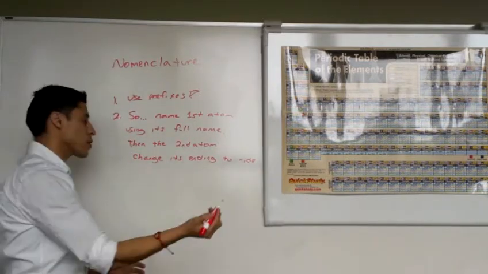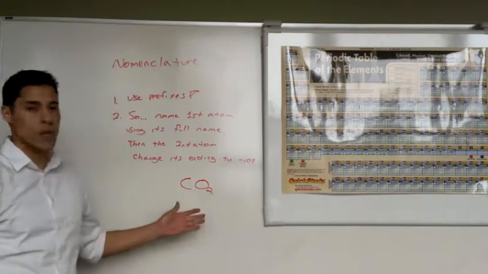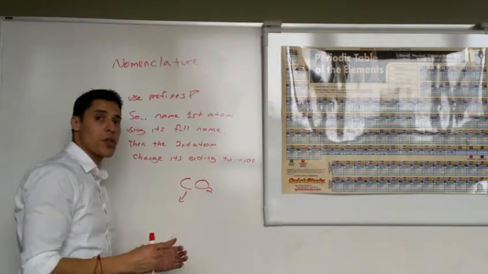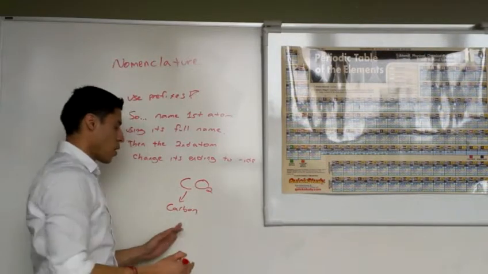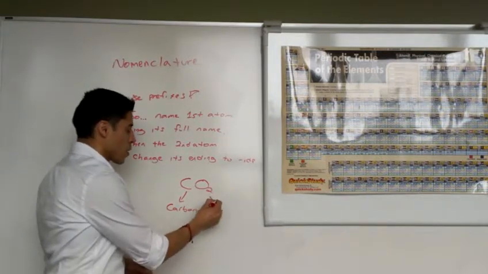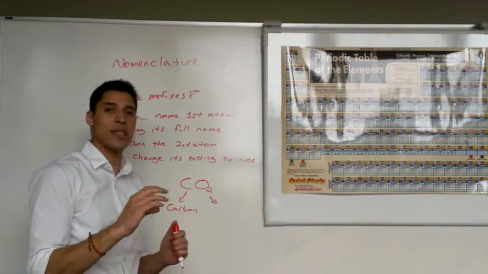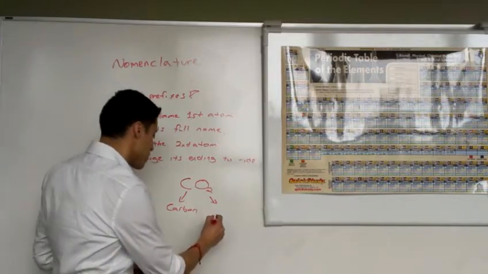So for example, if we have something like CO2. Here the first atom is carbon. We're going to use its full name, carbon. The second atom here is oxygen, but instead of oxygen, we're simply going to change the ending to IDE. So it's going to be oxide.